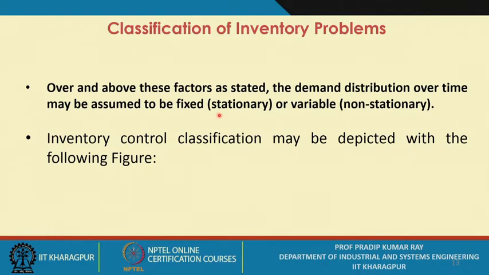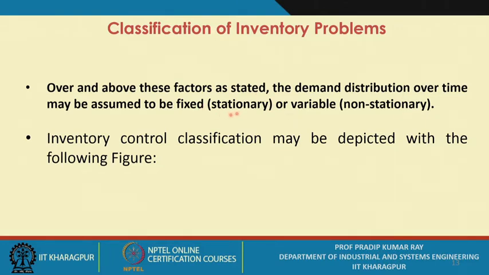Whereas there could be situations where the assumptions regarding a particular type of distribution might change. If you assume different types of distributions over the time periods, then it is a non-stationary demand, or a non-stationary system. So either the demand distribution may be assumed to be fixed, constant, or it may be assumed to be variable. Both cases you come across while modeling. So stationary as well as non-stationary.